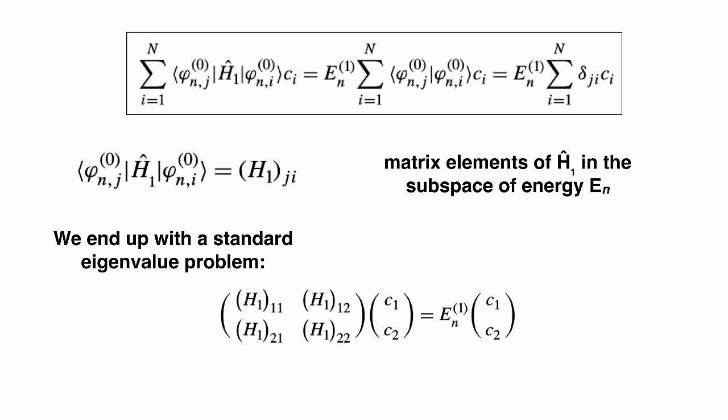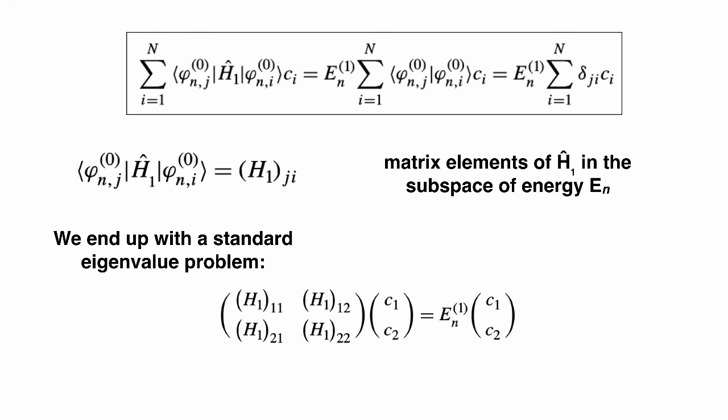They will give me new values of this particular combination that correspond to the first order correction due to the perturbation H1. So the big difficulty when we solve this problem, of course, is going to be to calculate the matrix elements H1 1 1, and so on and so forth.